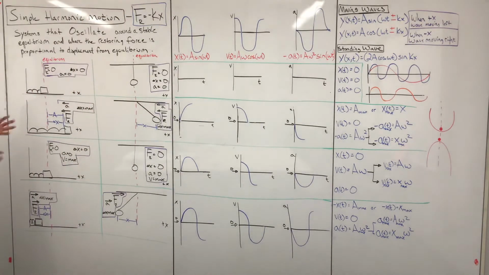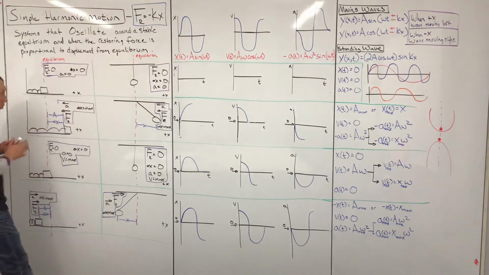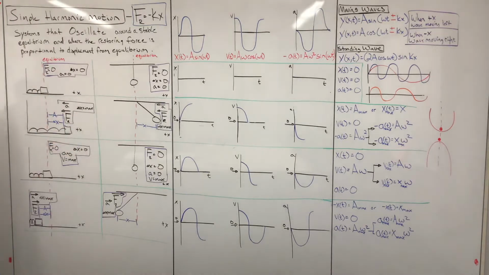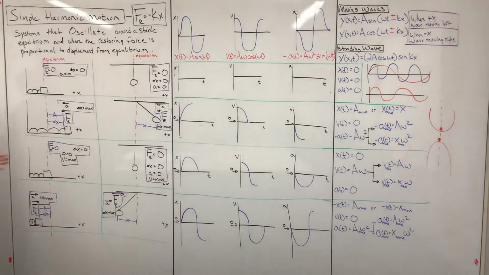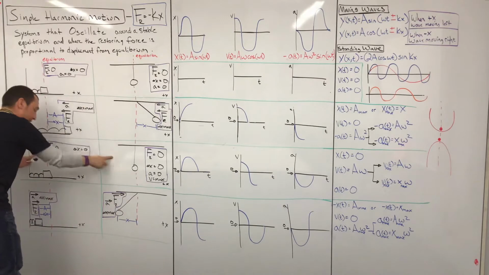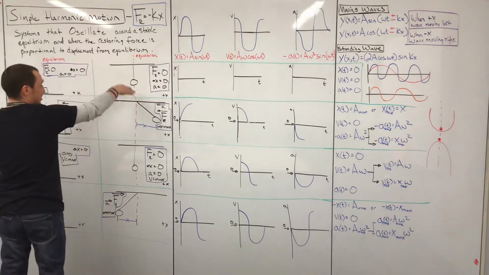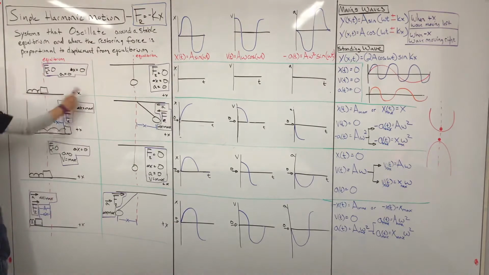But now what we want to do, instead of thinking of this as sitting still, is think about it as it oscillates. Think about this system in terms of it actually oscillating. So we want to think of this not being at rest now, but these are just snapshots of this system oscillating, either like this or like this, like a spring.